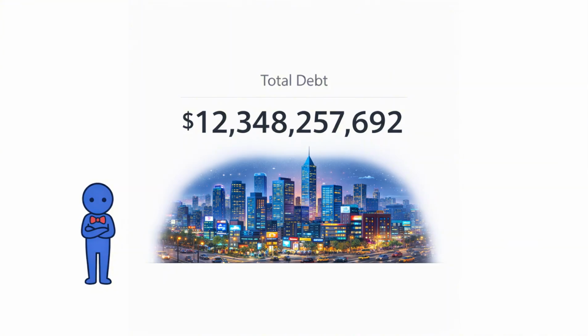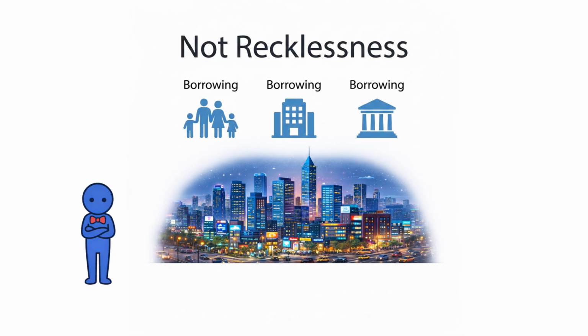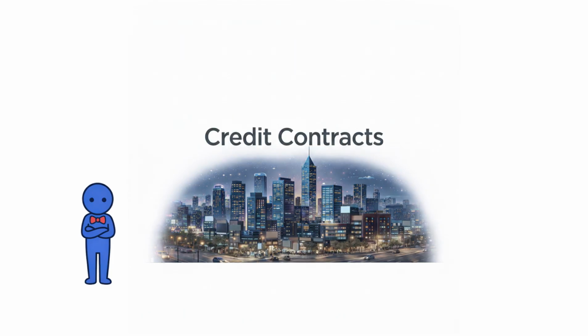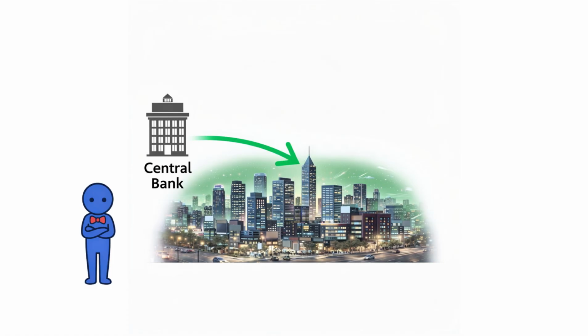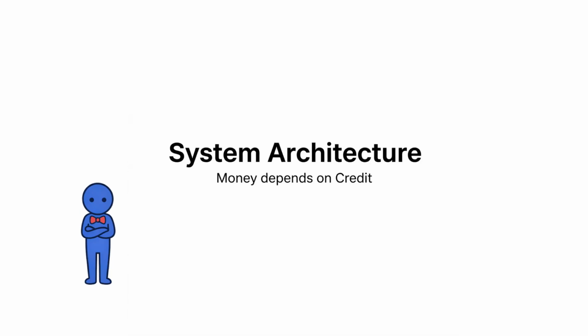This creates a structural pressure toward increasing debt levels over long periods. Not because any individual agent is being reckless, but because the alternative, broadly contracting credit, is something the system finds deeply uncomfortable. Policymakers respond to credit contractions with urgency precisely because they understand what credit contraction does to the money supply. This is not a moral observation, it is a description of the architecture.